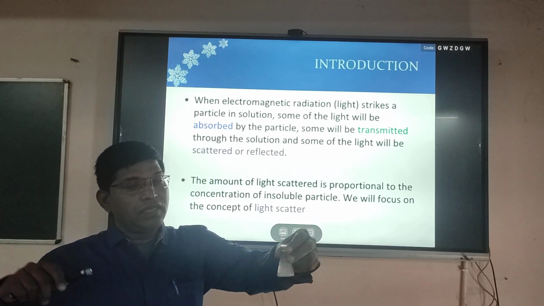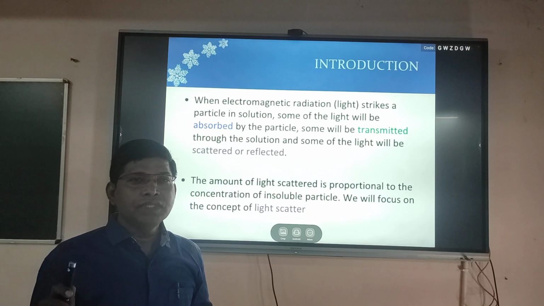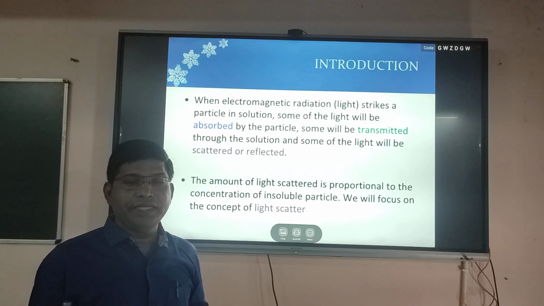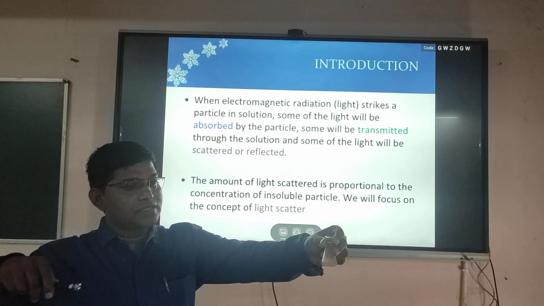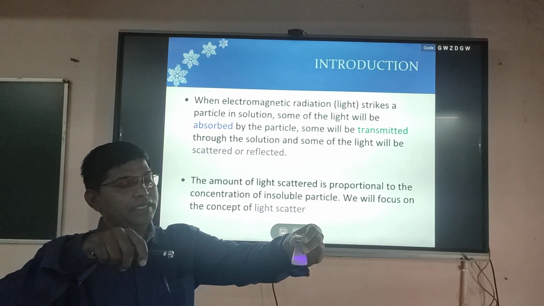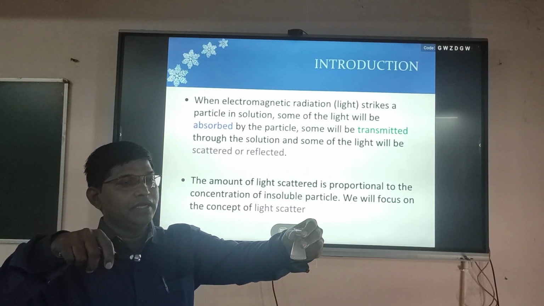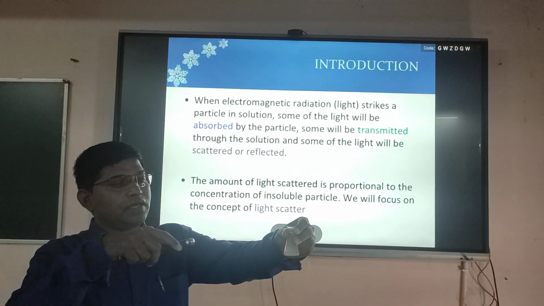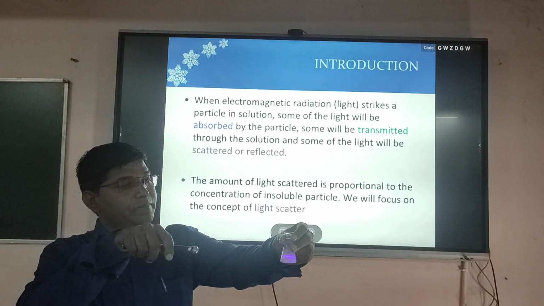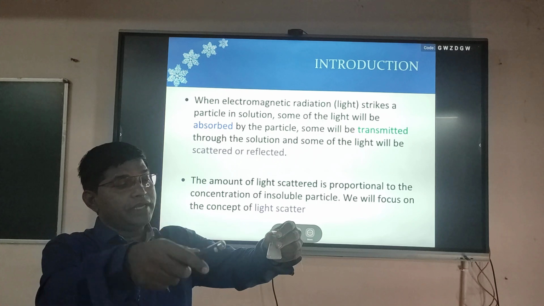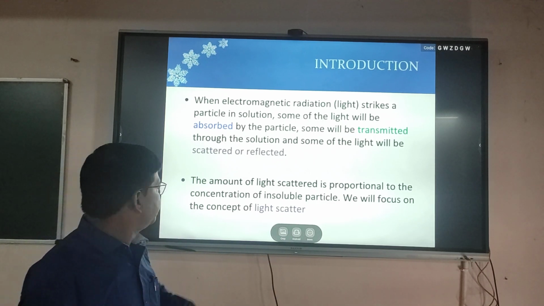So if you want to know the simple principle of nephelometry or turbidimetry, when we pass visible wavelength light into the solution, we can see some of the light is transmitted, some is reflected, and some is absorbed.